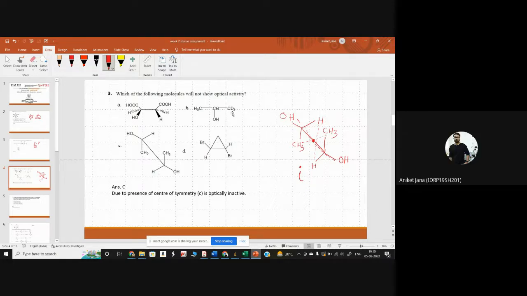Yes, the priority will be different. Here deuterium will get the priority over CH3, as the atomic number of deuterium is more than hydrogen. So all the other three compounds are optically active. Only compound C is the optically inactive compound.